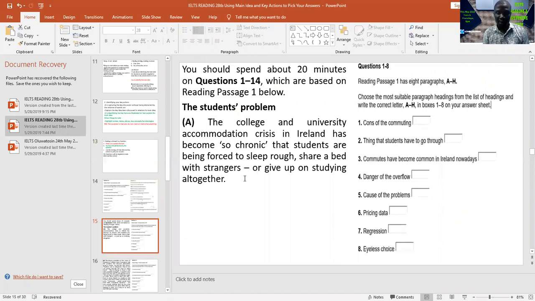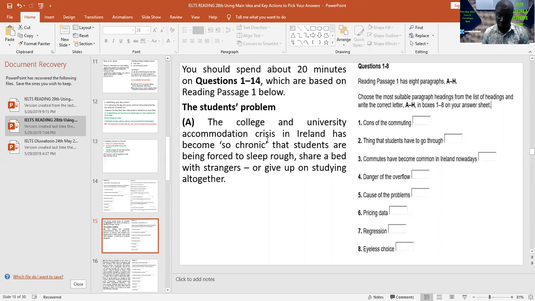So in paragraph 1, the college and university accommodation crisis in Ireland has become so chronic. Okay, it's talking about the accommodation problem, and students are being forced to sleep rough, share beds with strangers, and give up on studying.